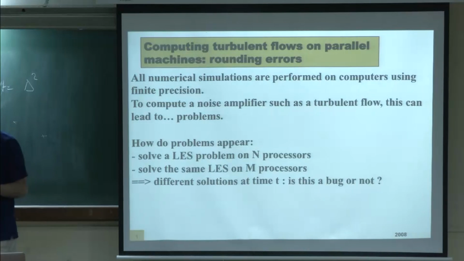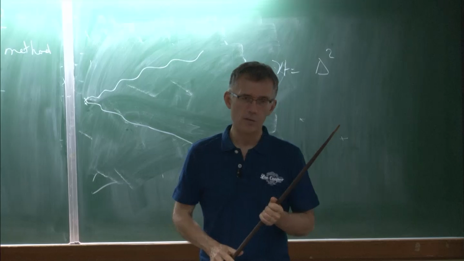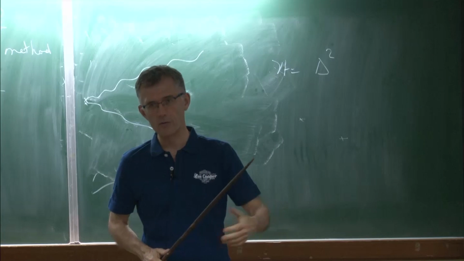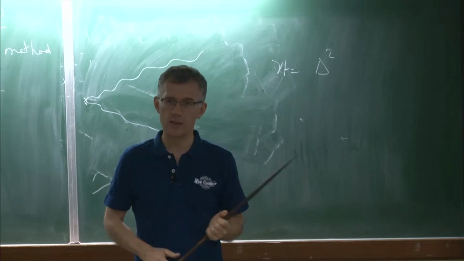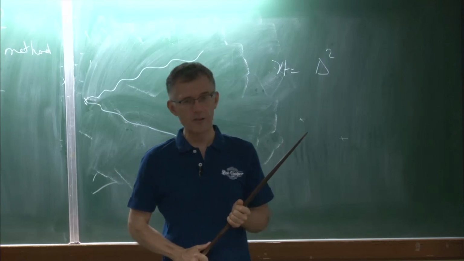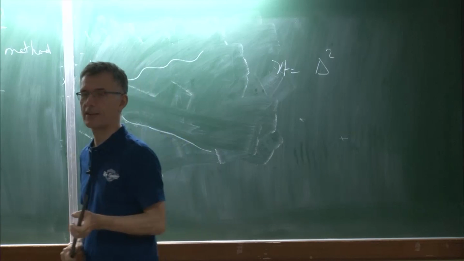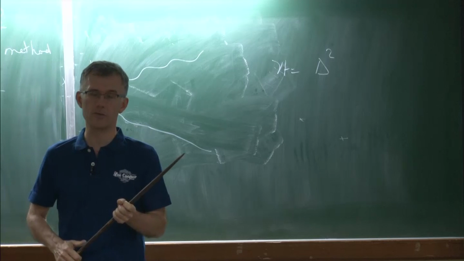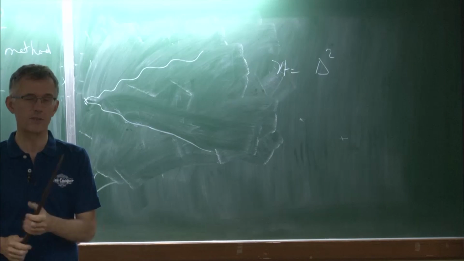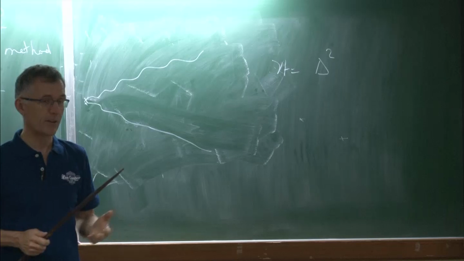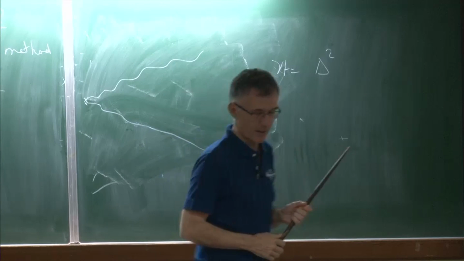The way we found this problem was that we were computing the same flow 2 times, and we didn't get the same result. So when one of my students computes things 2 times and doesn't have the same result, usually I start hitting him, saying, it's your fault, you didn't do the same computation. But in practice, we proved that it was not. So what's the problem?